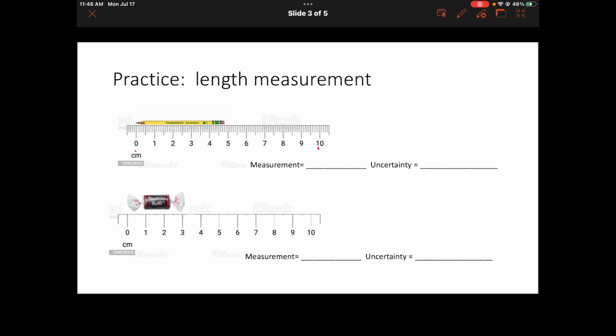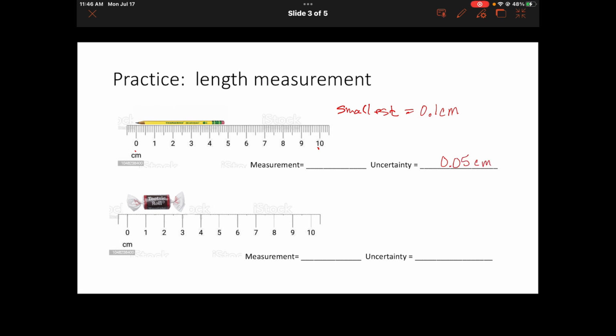So the smallest mark is 0.1 centimeters. Once again, you can take half of that, just divide it by 2, and we know our uncertainty is going to be 0.05 centimeters.